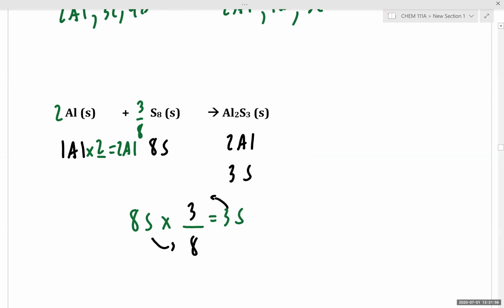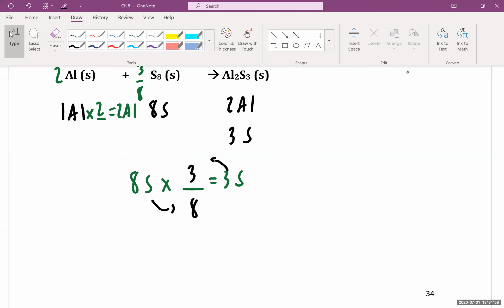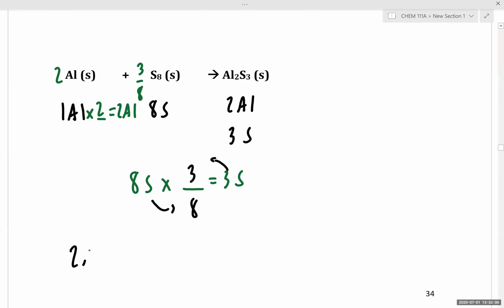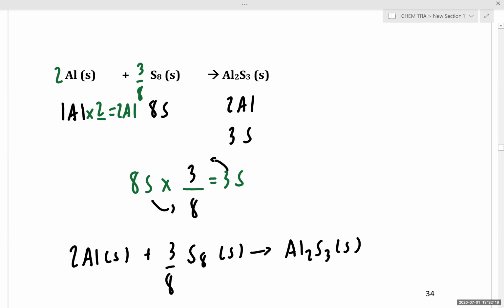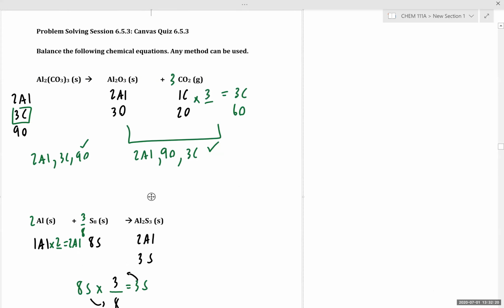So now what we're going to do is rewrite our equation, and then convert this fractional equation into a real, legitimate balanced equation. I mean, we can't have fractional coefficients. There's no such thing as half a molecule or a fraction of a molecule. That doesn't have any physical interpretable meaning.